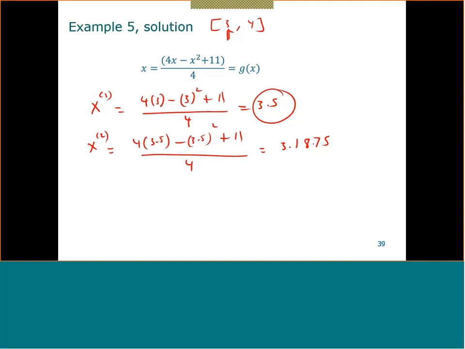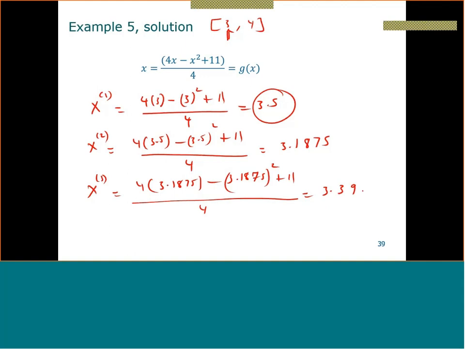Go for x3, so it is (4 times 3.1875 minus 3.1875 squared plus 11) divided by 4, and this is equal to 3.397. So obviously we are converging, and if we do more and more, you can see that the answer is really converging.